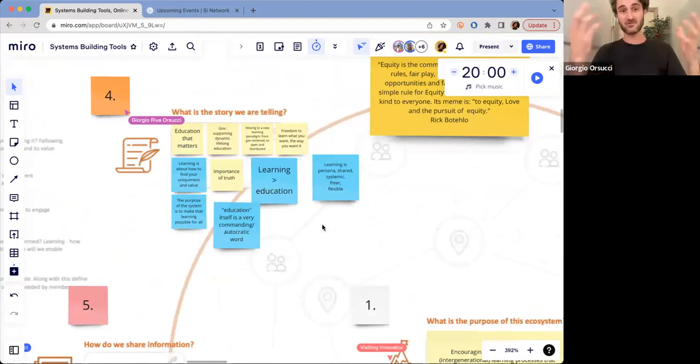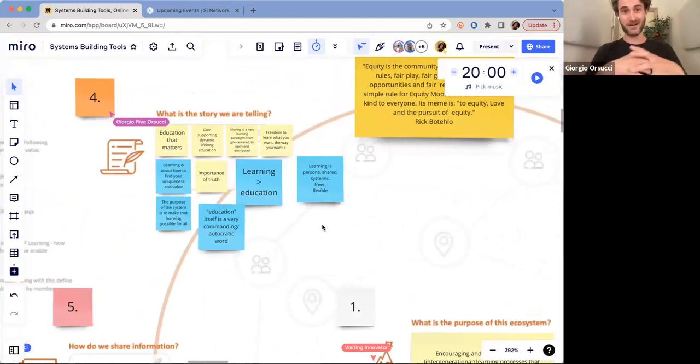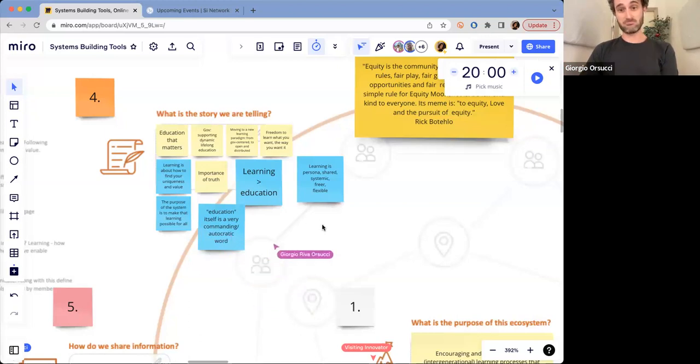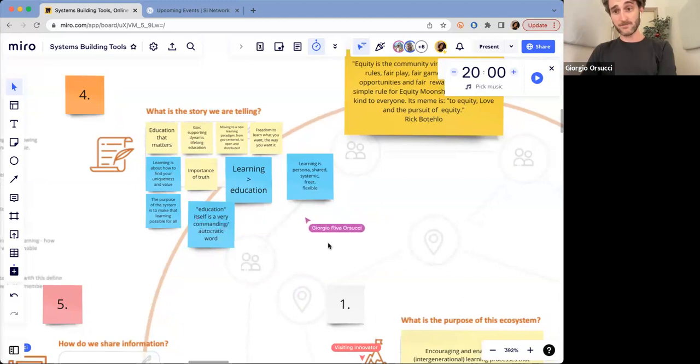In general, how do we allow everybody to learn? And then there were some sub-stories: a story of freedom of education, a story of accessibility of education and enlarging the accessibility, a story of fairness, of equity and so on.